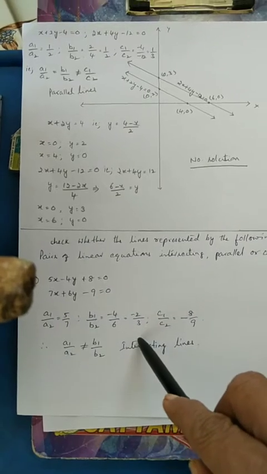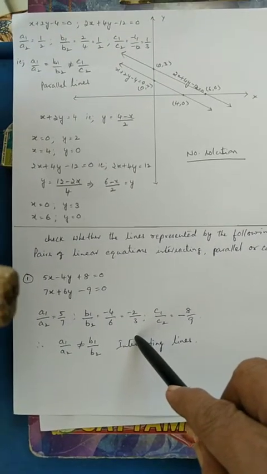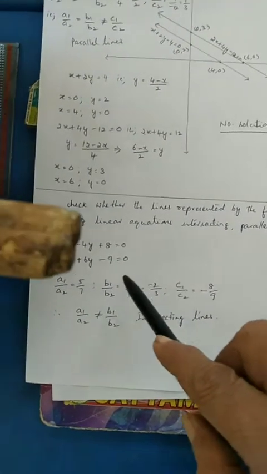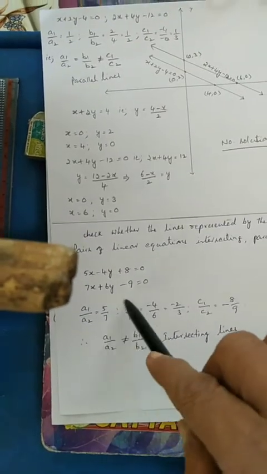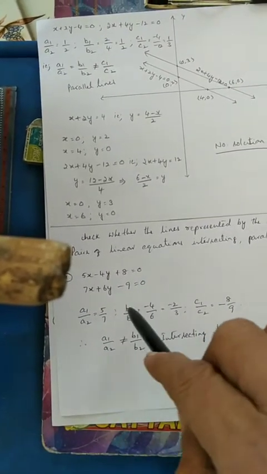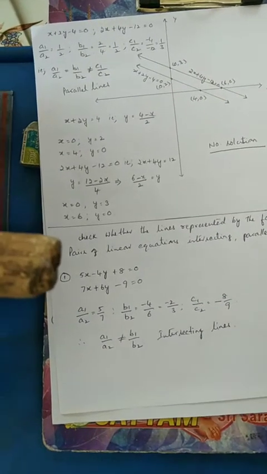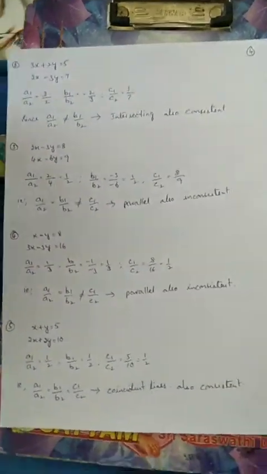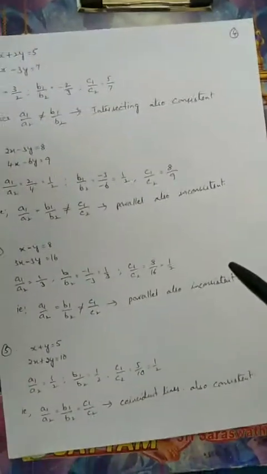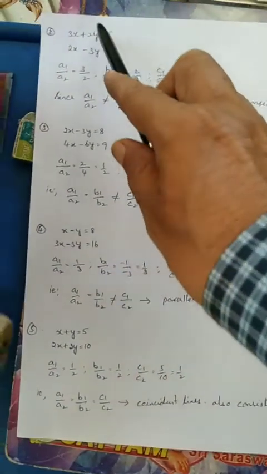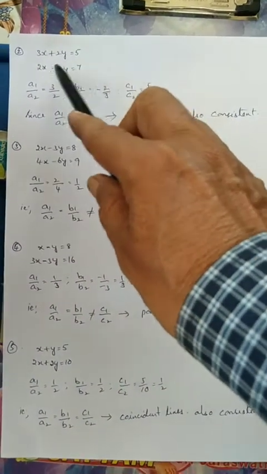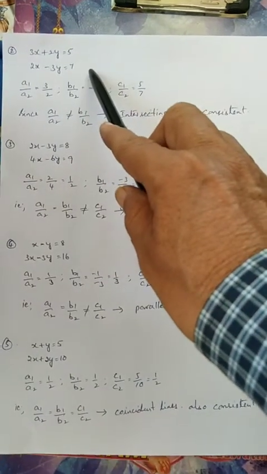So is it clear how to know whether the lines are intersecting, parallel or coincident? Just by observing this concept, A1 by A2 is not equal to B1 by B2, then we can say that the lines are intersecting. Now we see one more example here. 3x plus 2y is equal to 5, 2x minus 3y is equal to 7.